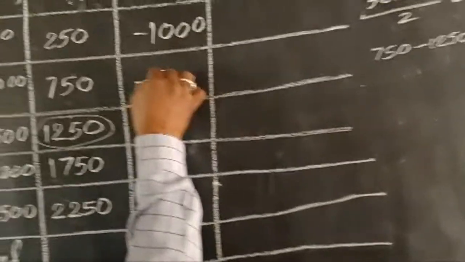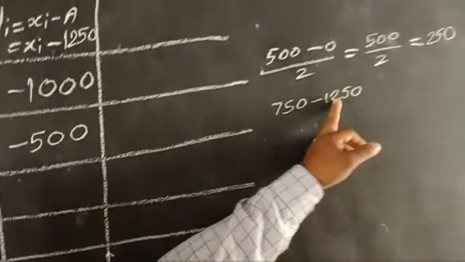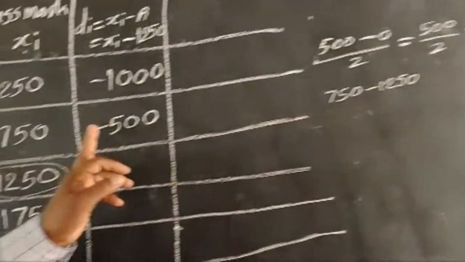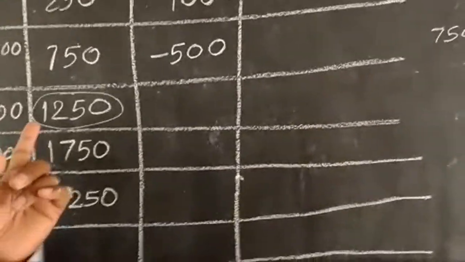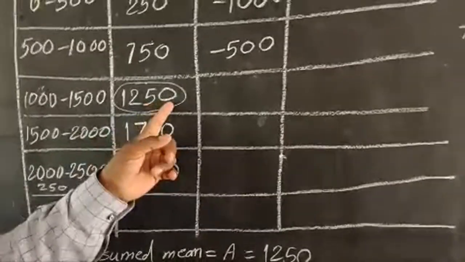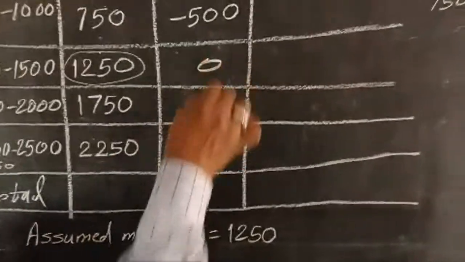Minus 500, that is the answer. Larger number's sign, minus, we write here. Next, 1250 minus 1250, we get 0.